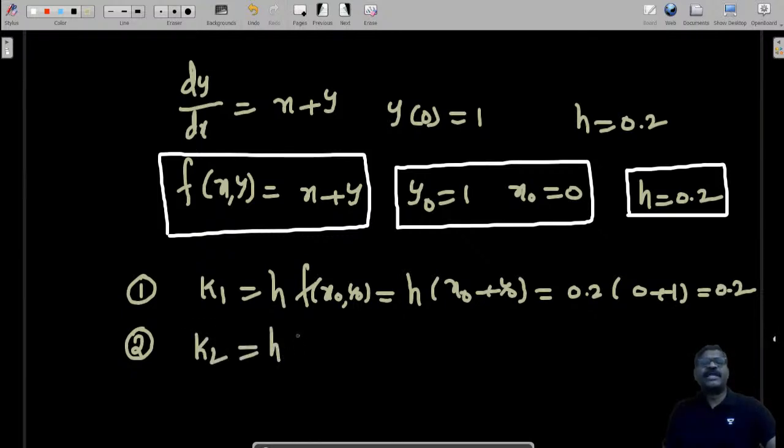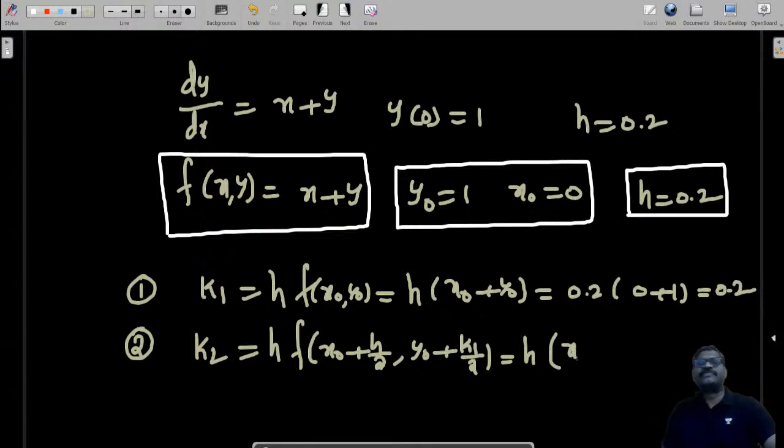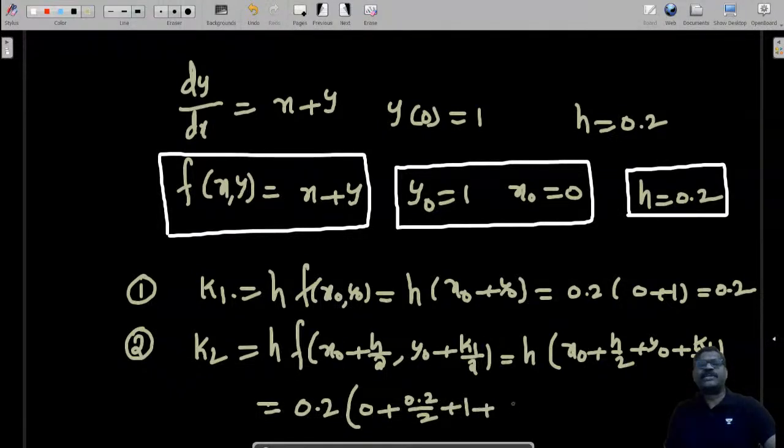K2 is h of function of x naught plus h by 2, comma y naught plus k1 by 2. h is 0.2, x naught 0, h is 0.2 by 2, y naught is 1, k1 is 0.2 by 2, that is 0.1, 0.1 plus 1 is 1.2, 1.2 into 0.2, 0.24.